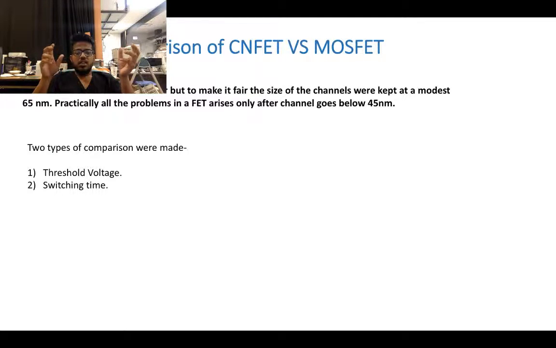So in this case, the author fabricated a CNFET where the gate is 65 nanometer, and practically, in case of MOSFETs, the problem arises only when you start reducing the gate size below 45 nanometers. So this is a CNFET, and you have a MOSFET which can be compared in a real life situation.